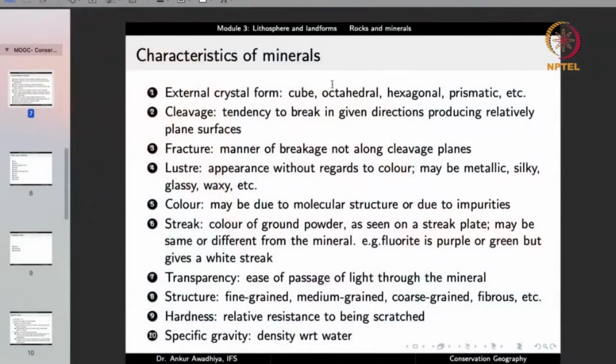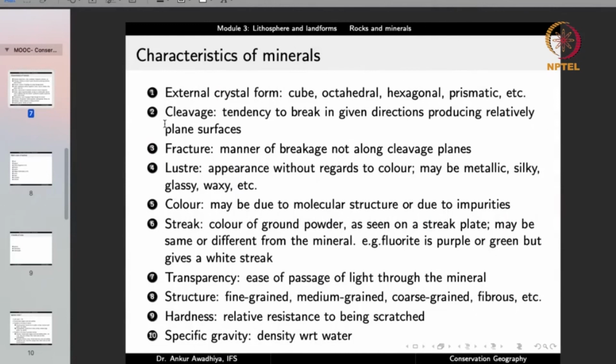Does that crystal look like a cube? Does that crystal look like an octahedron? What does it look like? So the first characteristic is the external crystal form. You can have cubes, octahedrons, hexagons, prismatic crystals, and so on.